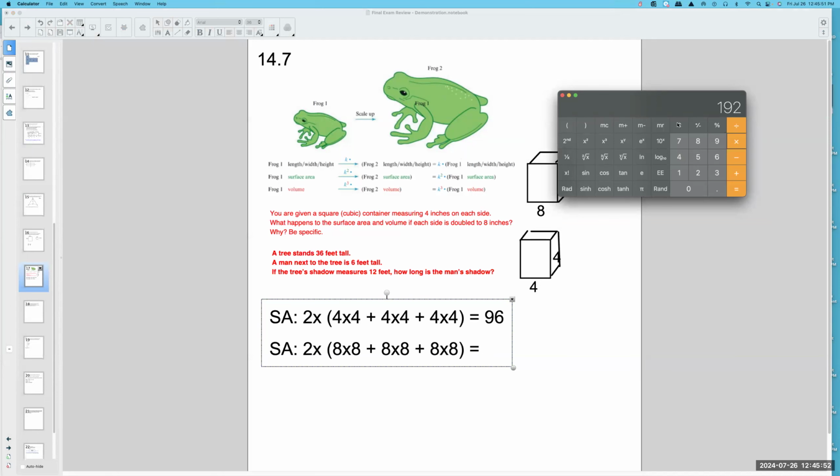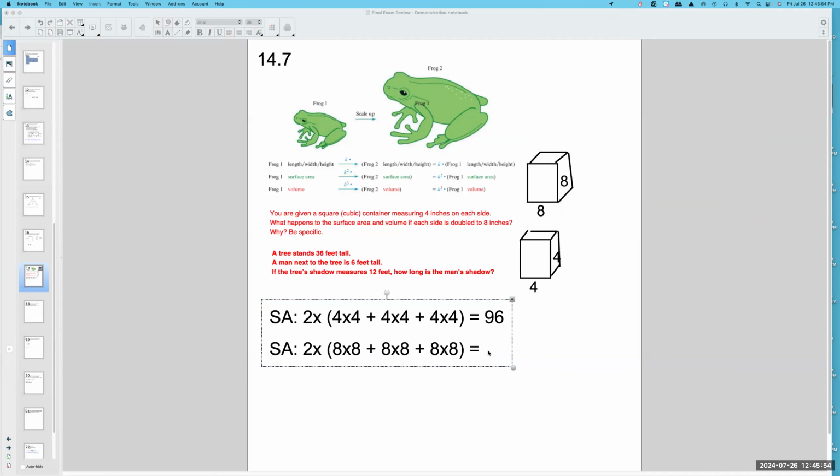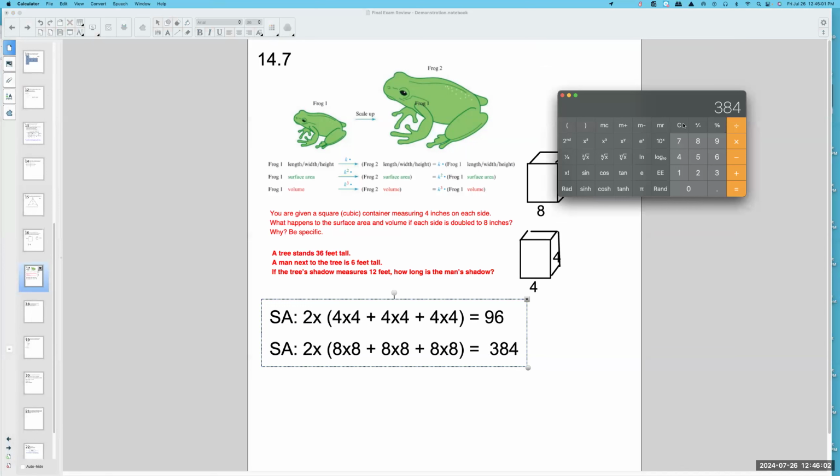Now I have to multiply that by 2, and I get 384. Okay, 384. Well, if I divide 384 by 96, see my 4? That 4 is 2 to the 2nd power. So instead of going up by 2, even though I went from 4 to 8, it actually went up by 4, which is 2 squared. So you see surface area goes up by a squared factor because each one of these sides got doubled.